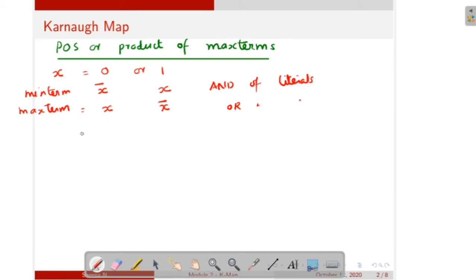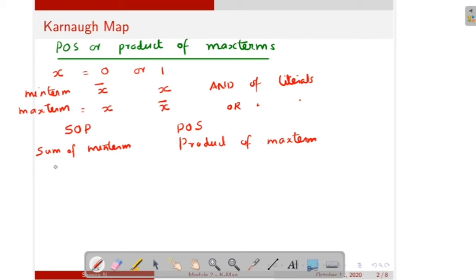A Boolean function can be expressed as sum of product expression or product of sum expression, that is sum of min terms or product of max terms. In the case of a sum of min terms, we take the min terms whose output is equal to 1.